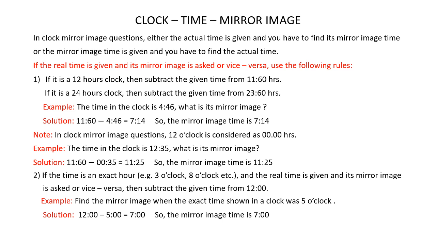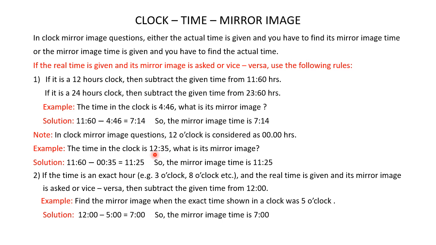Now one thing you have to note and remember is in clock mirror image questions, 12 o'clock is considered as 00 hours. So 12 means 0, 0 means 12. Now look at this example. The time in the clock is 12:35. What is its mirror image? So the time given here is 12:35.